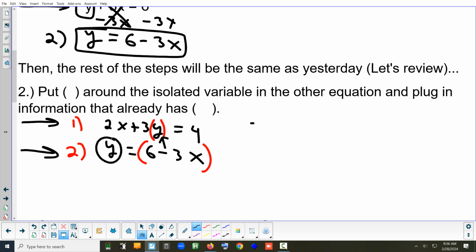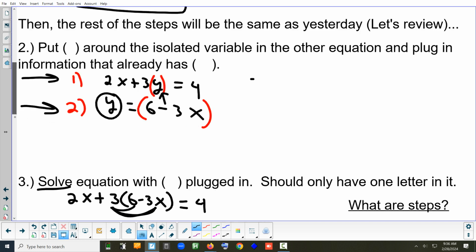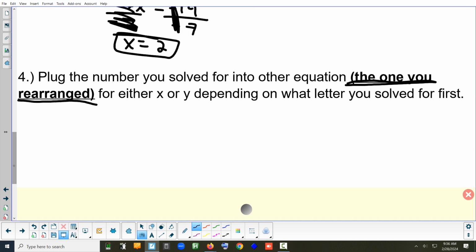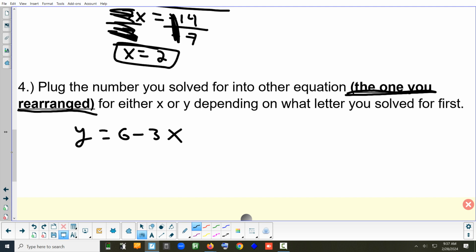Okay, so let's copy that down. Y equals 6 minus 3x. And what number are we filling in for x? 2. Take the 2 and fill it in right there.